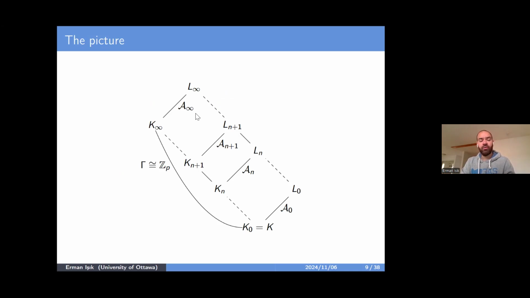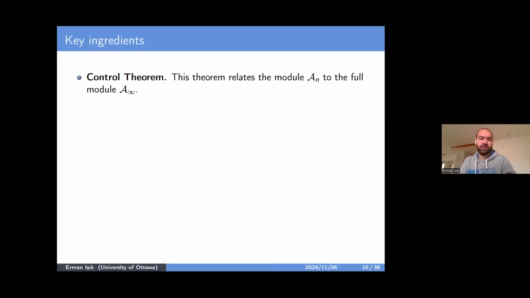Now what we need to do is to first obtain some information about this and be able to carry this information to the finite layers. So we need some kind of an elevator that takes me from the infinite tower to finite layers. This ingredient is called the control theorem. Basically, it sees these objects as some kind of quotients of this infinite object.